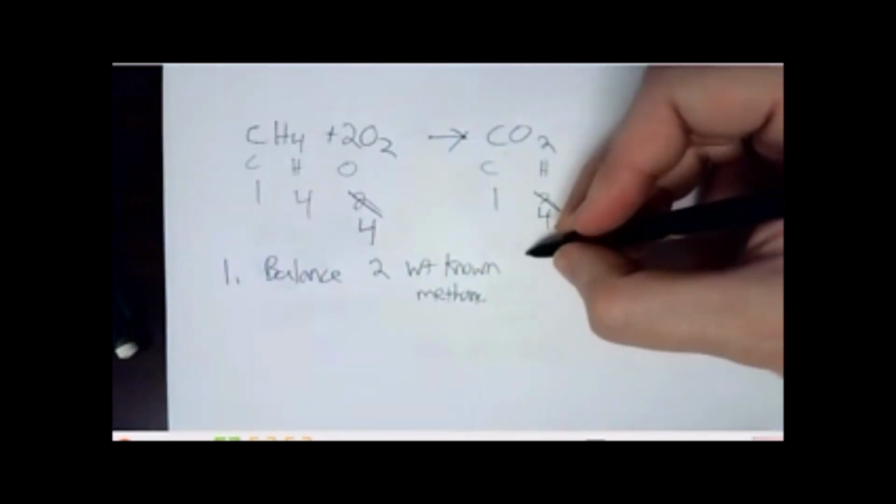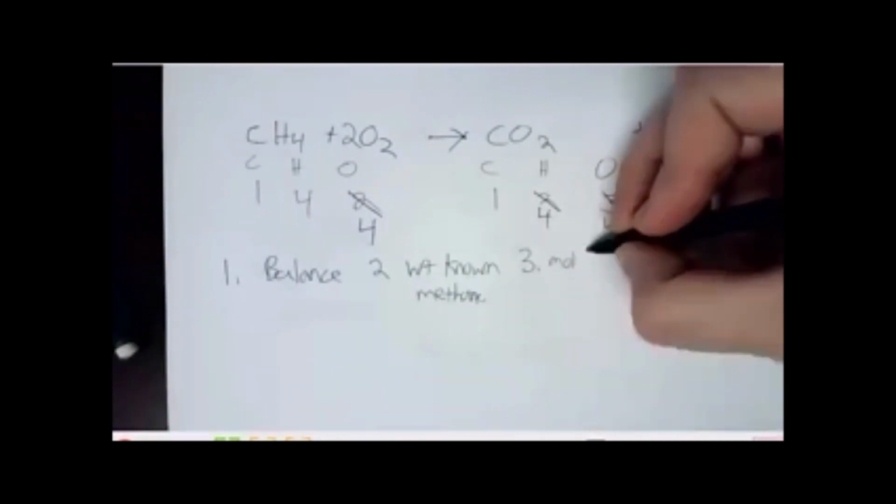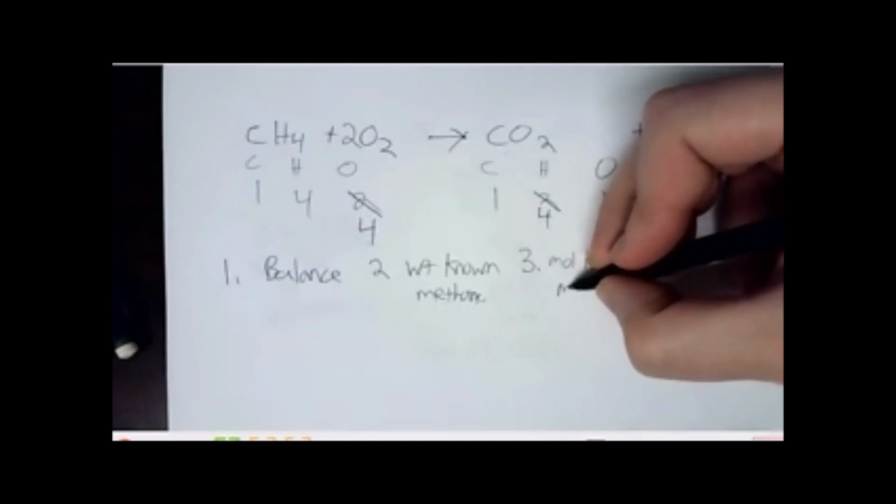Sometimes your equation will already be balanced. 2, determine weight of known. In this case, it's the weight of our methane. That's our starting material. That's usually given by the problem. 3, find the moles of the known. In this case, the moles of the methane.